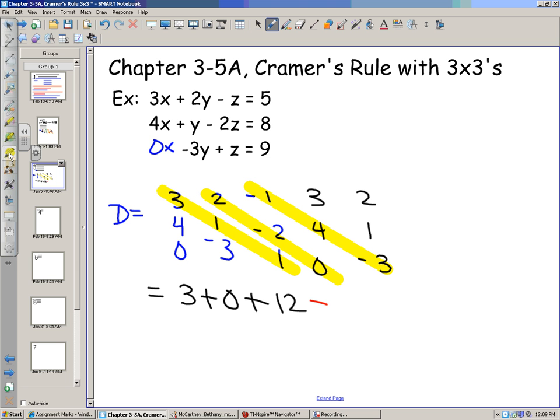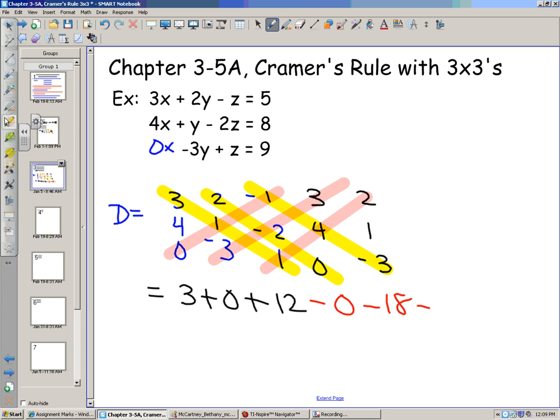Subtraction. So now I'm going to subtract off the other one. 0, 1, negative 3, or negative 1. 0, 1, negative 1. 0 times 1 times negative 1 is 0. Minus the next one, negative 3, 2, 3. 18, subtracting off the next one, 1, 4, 2.